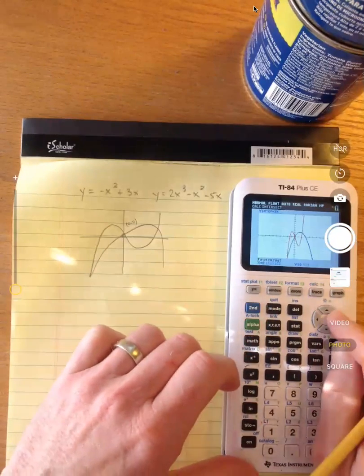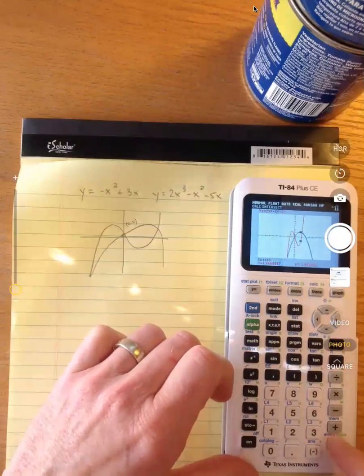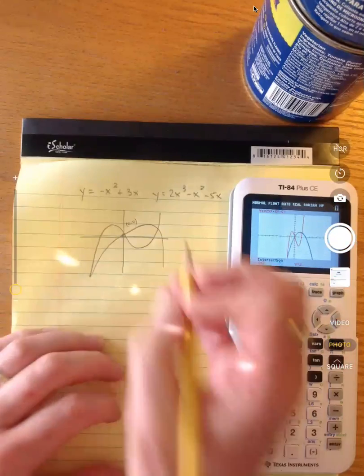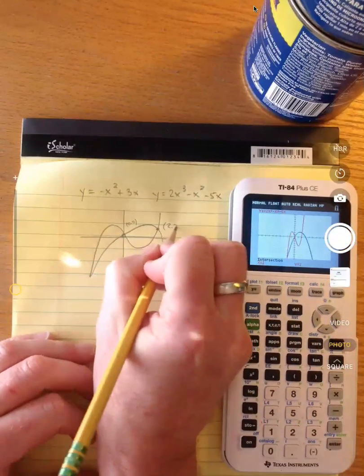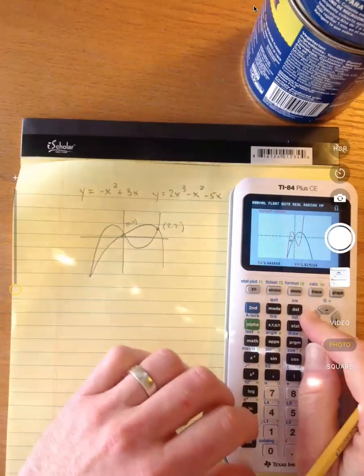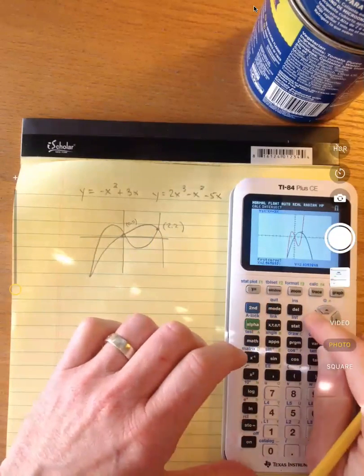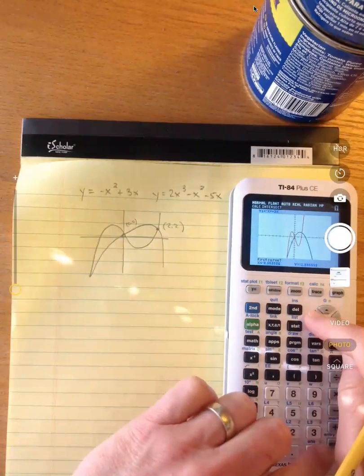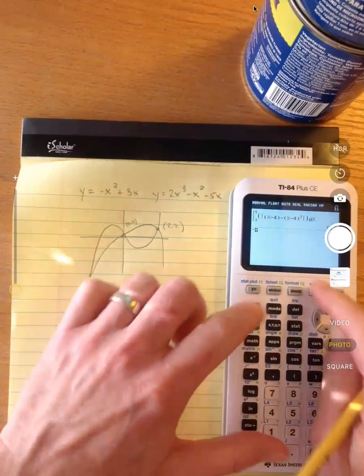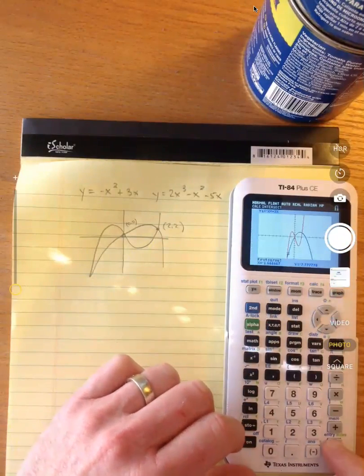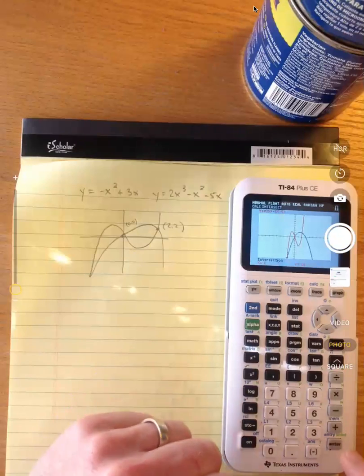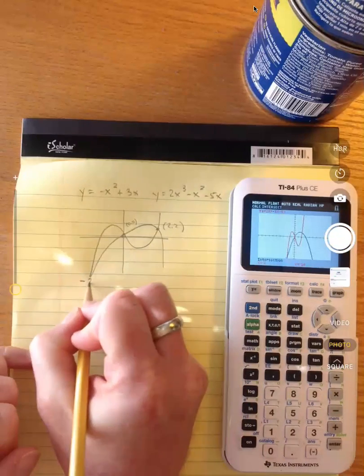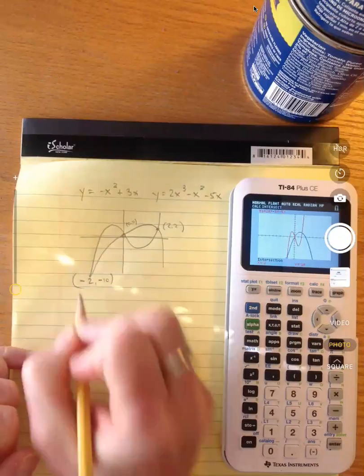Second, calc intersect, coming over to here. And my last one, intersect. That's it: -2, -10. All right.